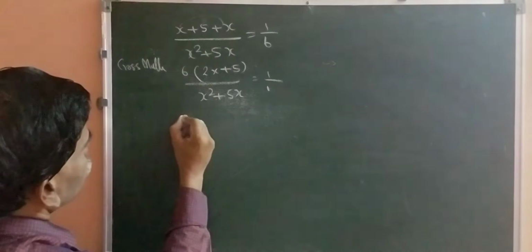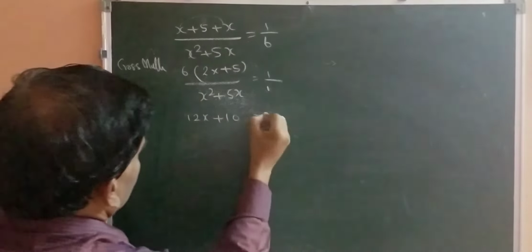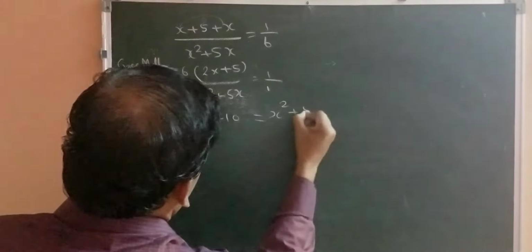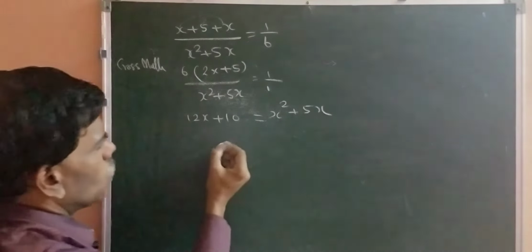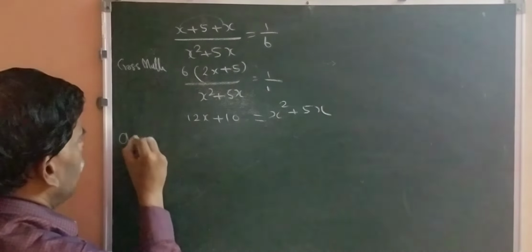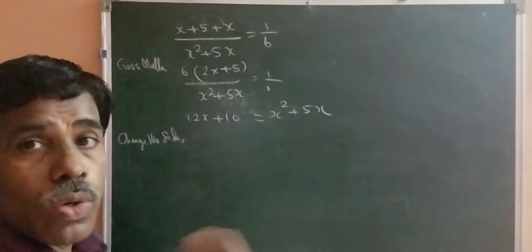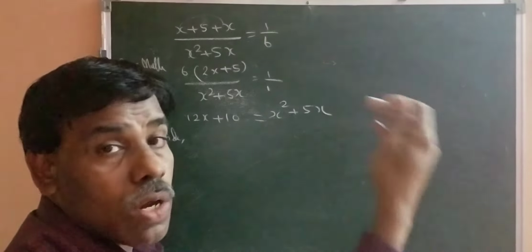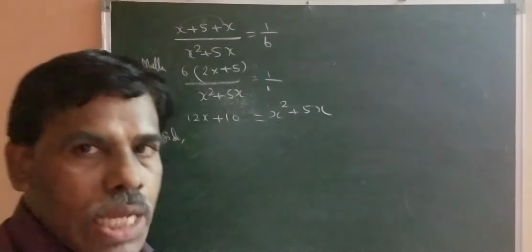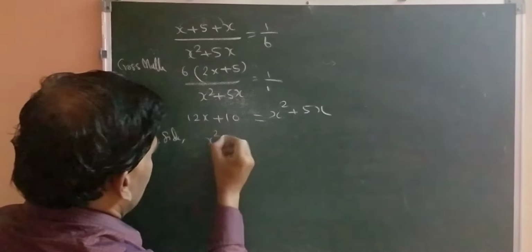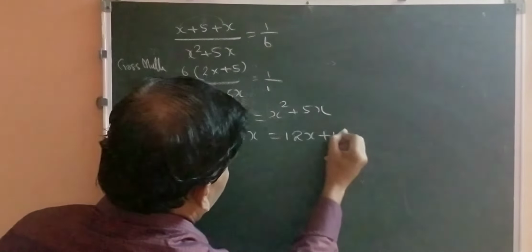That means 12X plus 10 is equal to X square plus 5X. So change the side. If you change the whole side, LHS becomes RHS and RHS becomes LHS, then value and sign will never change. So X square plus 5X equal to 12X plus 10.